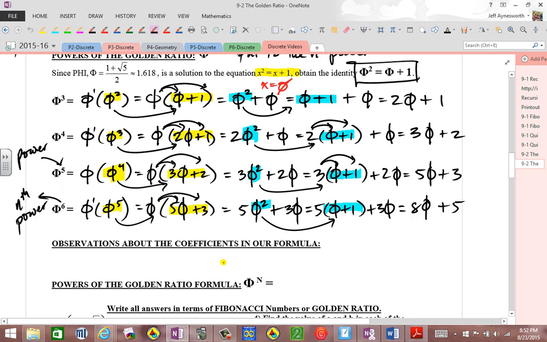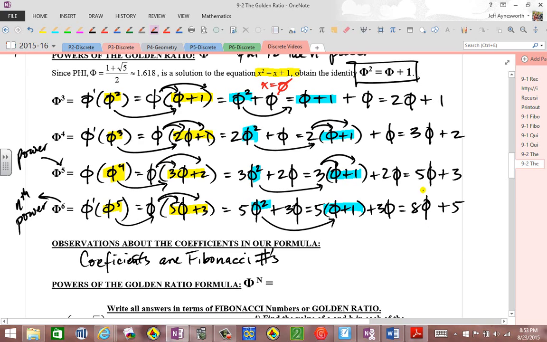That's the observation about the coefficients. That's the first thing you should notice here. And if you understand that, then you'd be able to write the powers of phi in terms of Fibonacci numbers.